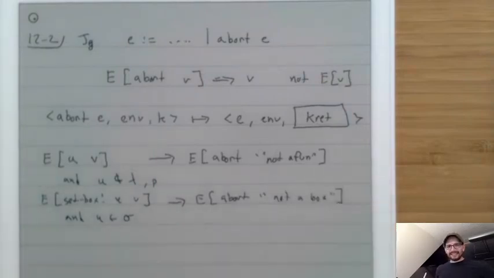And we would meticulously go through our language and make sure that we've handled every single different possibility and turned it into a certain abort. Okay, so this is hopefully fairly straightforward how we could do this.